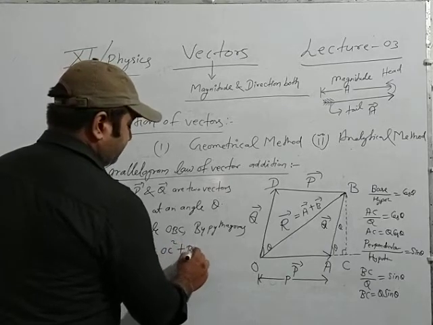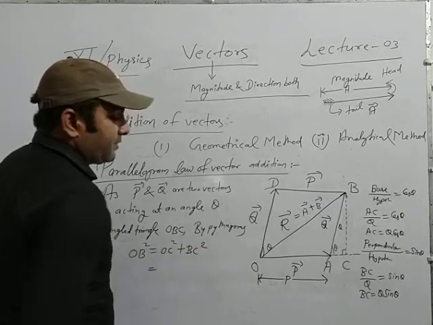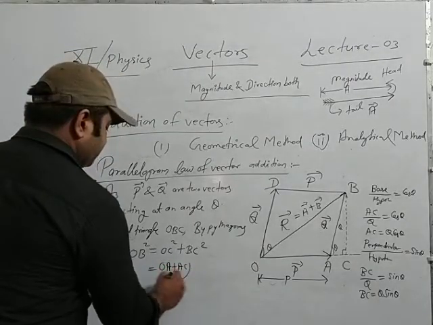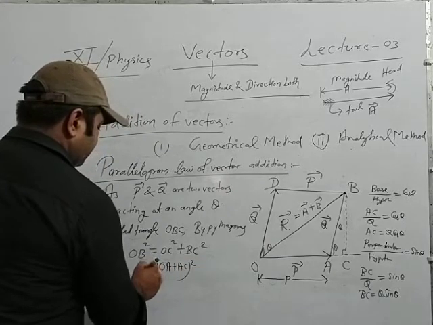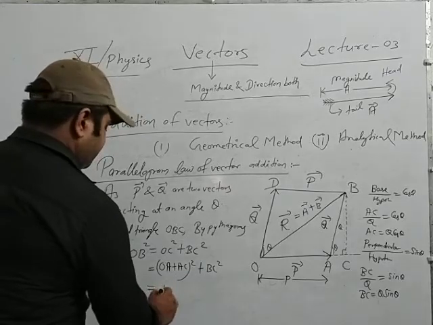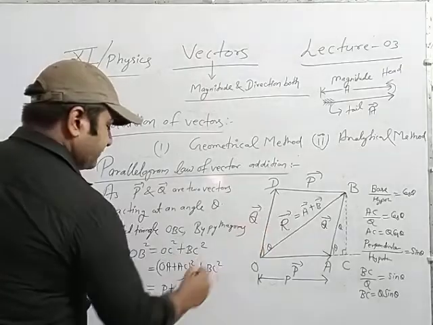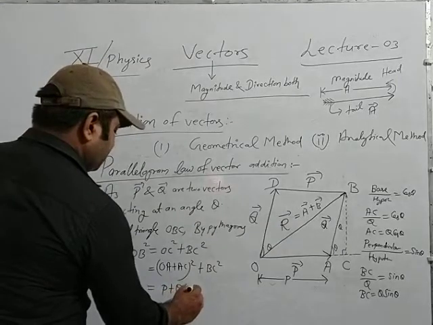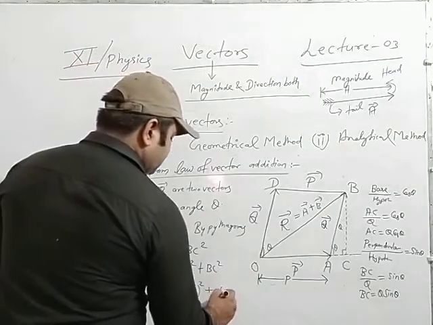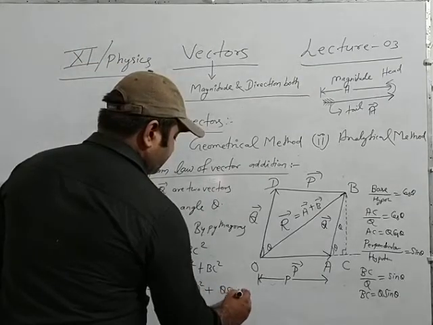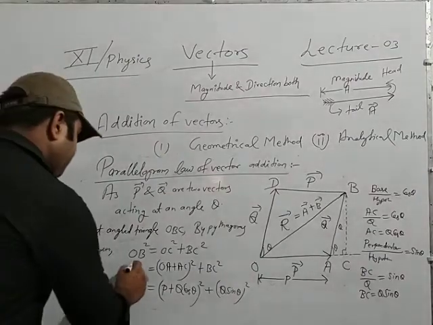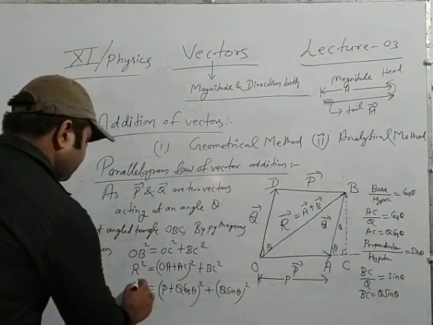OC square plus BC square, and OC here is OA plus AC. So (OA plus AC) whole square plus BC square, and OA means P, and AC means Q cos theta, the square, and BC means what? That is Q sin theta, the square. Clear? And then after this, here is R square.